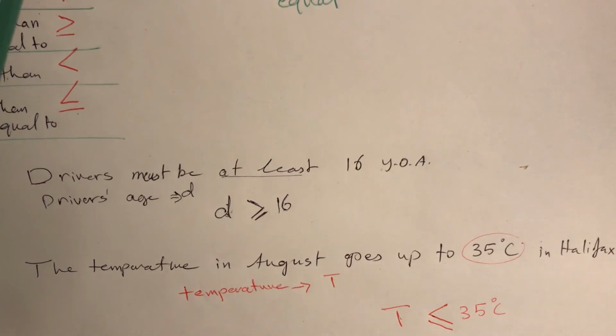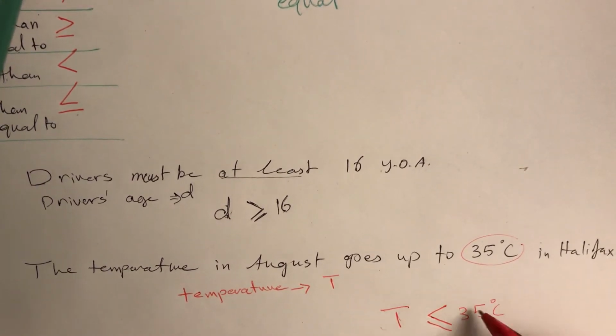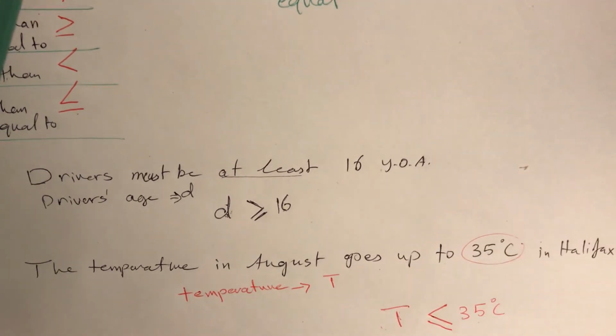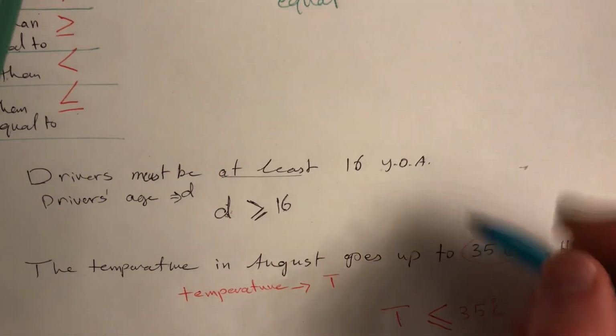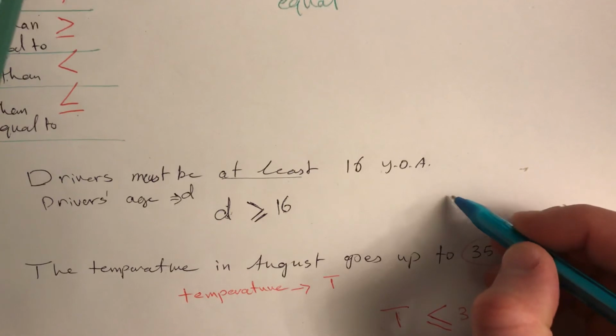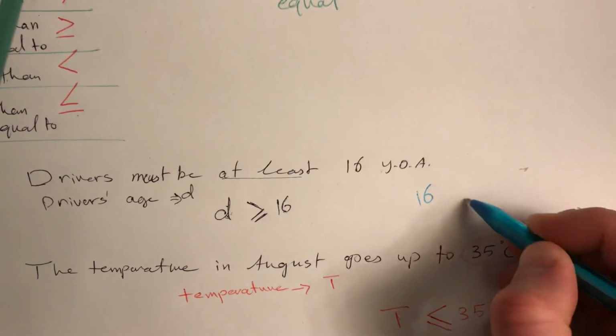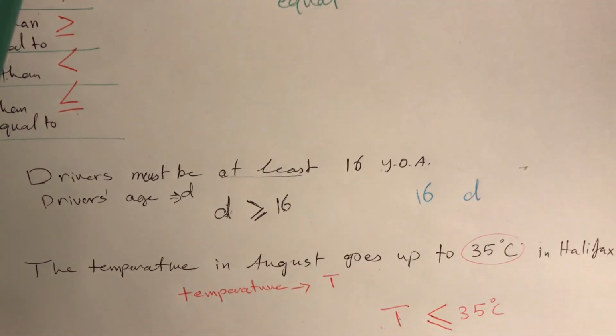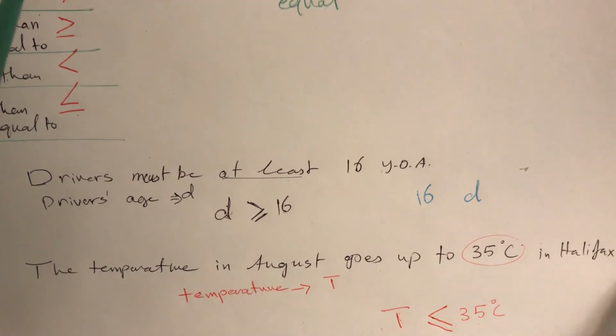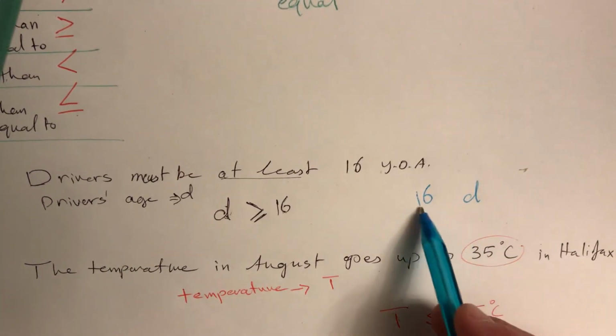I also want to draw your attention to this. The number matters. In this case, we wrote the variable, then the number. What if you write the number and then the variable? For the top example, you have 16, and then D, which also represents the driver's age. Which way is it going to be?